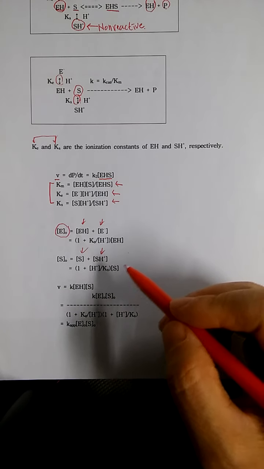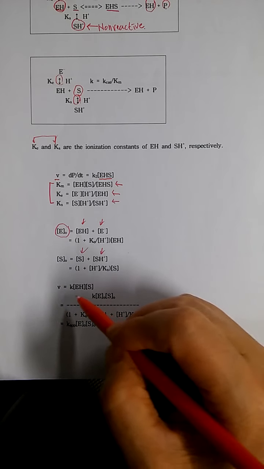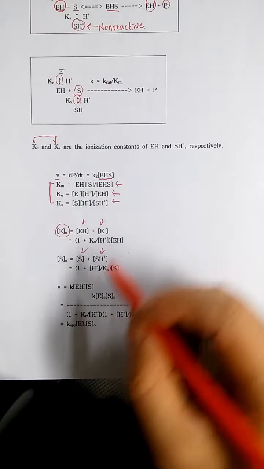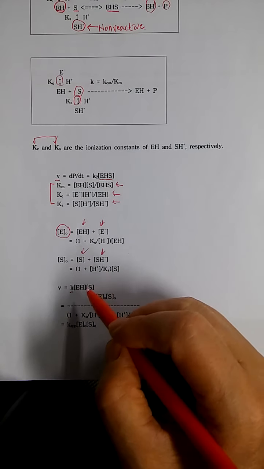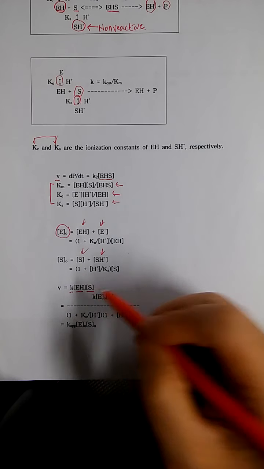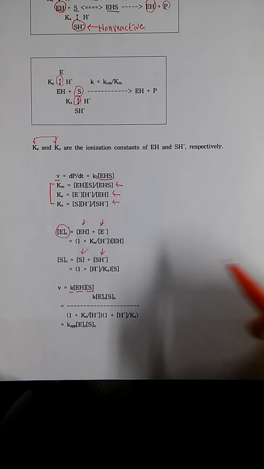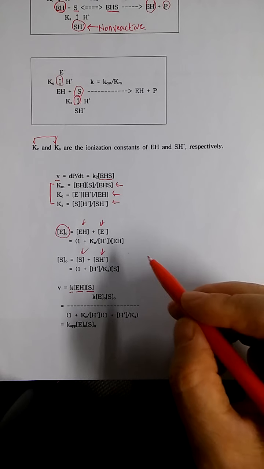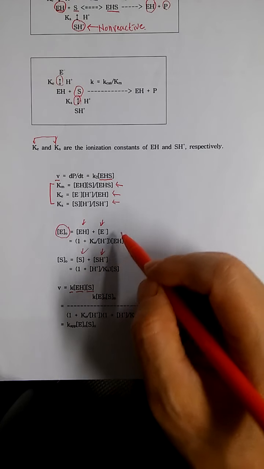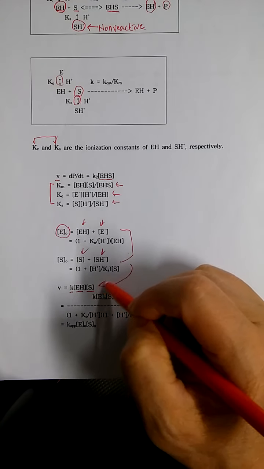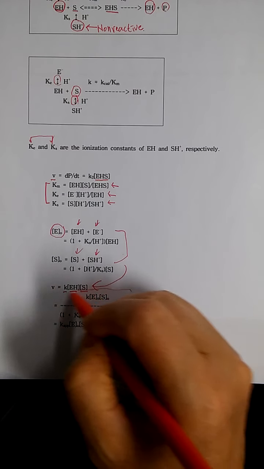So V equals k2 times EHS, and you can substitute these two relations into here to come up with this equation.